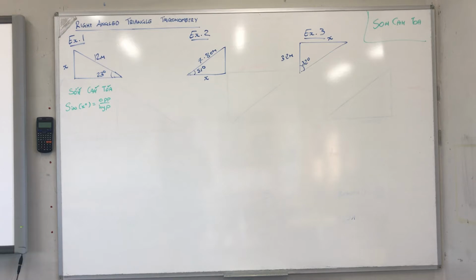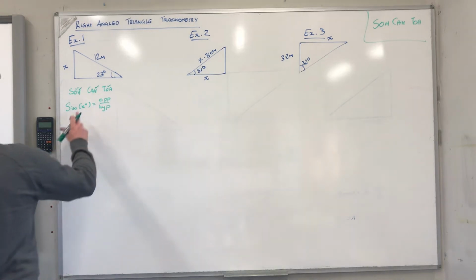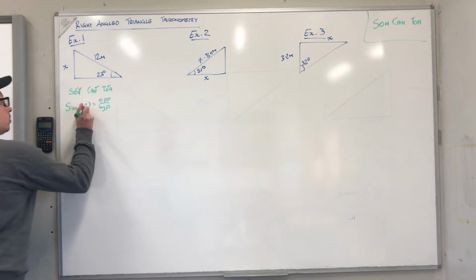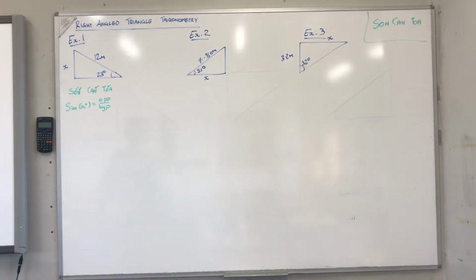We know that the angle is 23, and opposite is x and the hypotenuse is 12. I'm going to use a different letter. So let's say that A stands for angle. That hopefully makes it less confusing. Sine of the angle is equal to opposite over the hypotenuse.